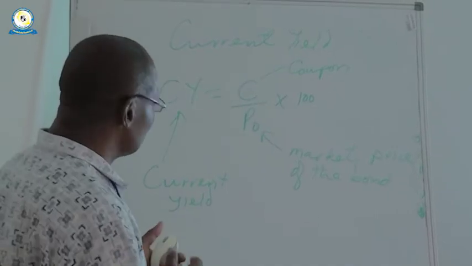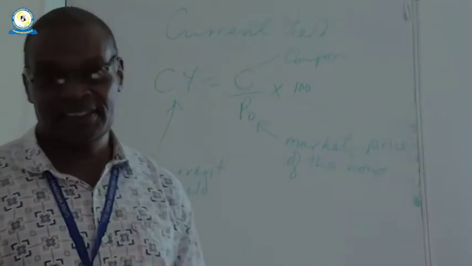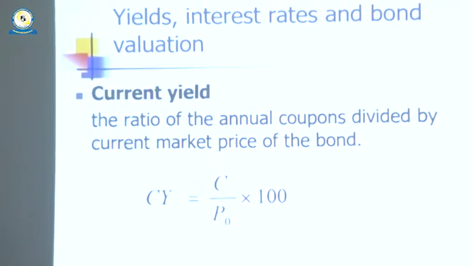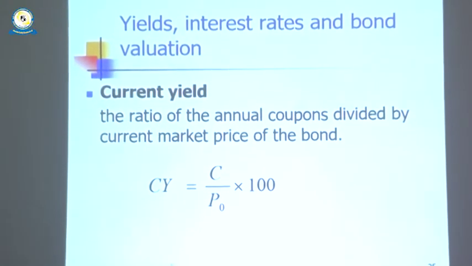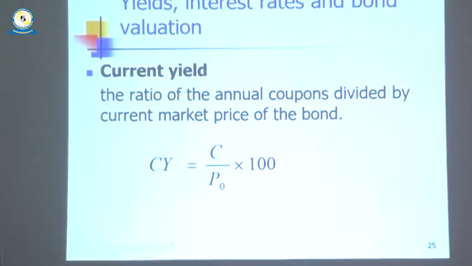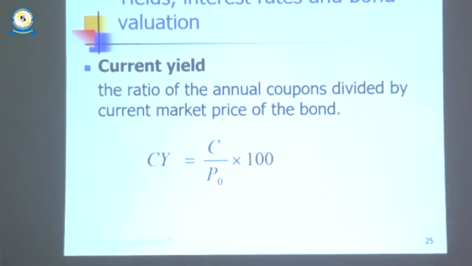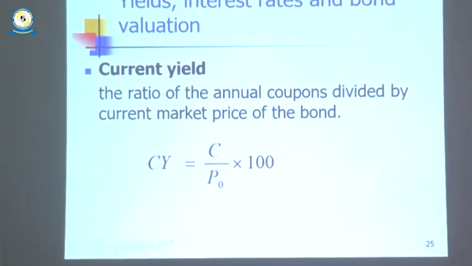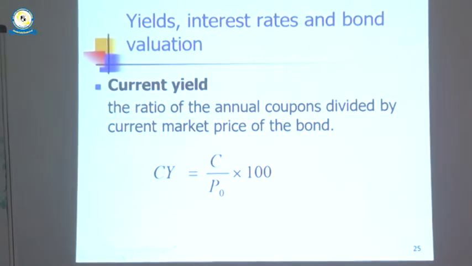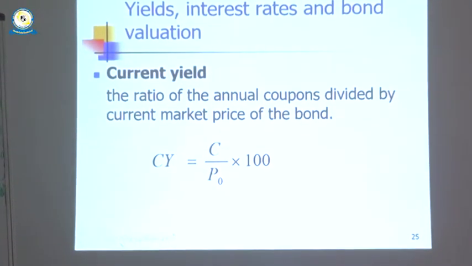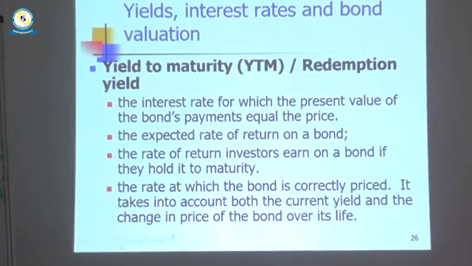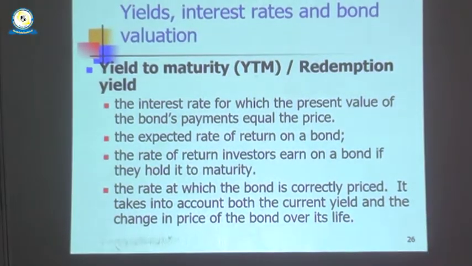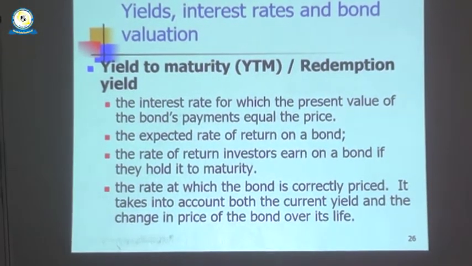Another concept in bond valuation is yield to maturity. What is yield to maturity? This is the interest rate for which the present value of the bond payments equals the price.